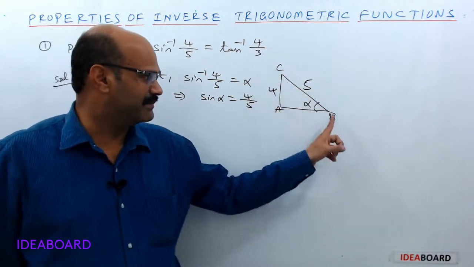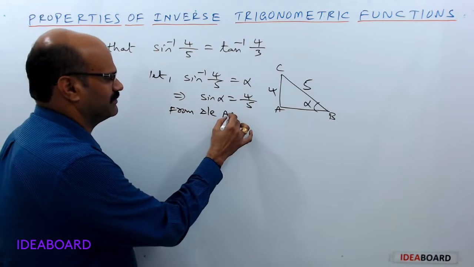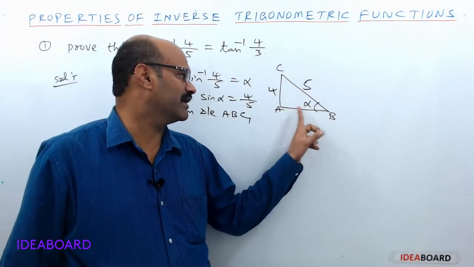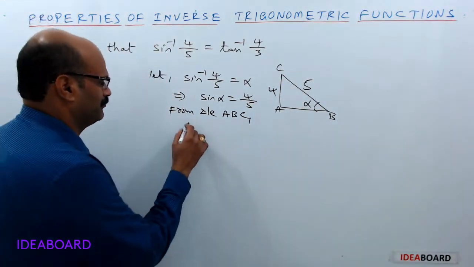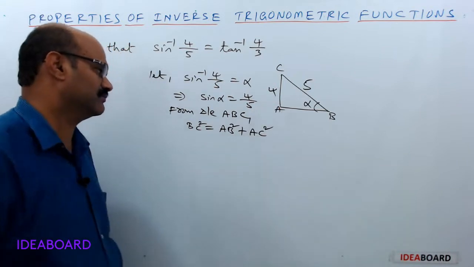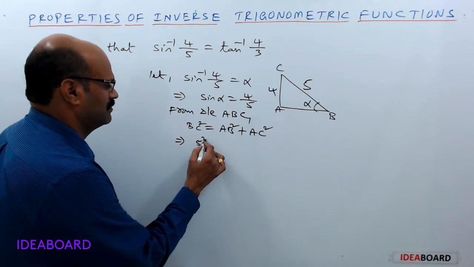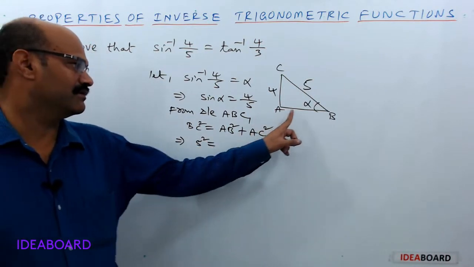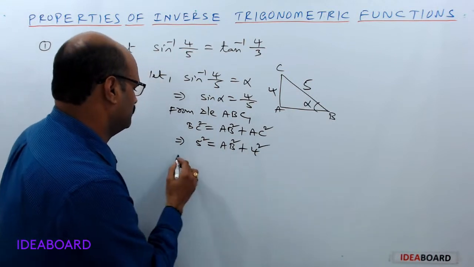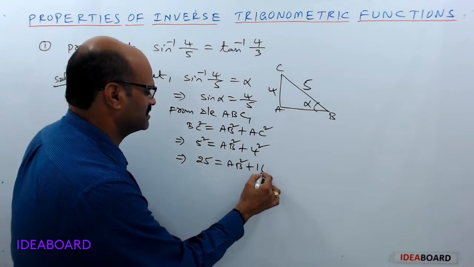So from triangle ABC we have BC square equal to AB square plus AC square. Here BC square equal to 5 square, AC is 4, and we have to find AB. 25 equal to AB square plus 16.